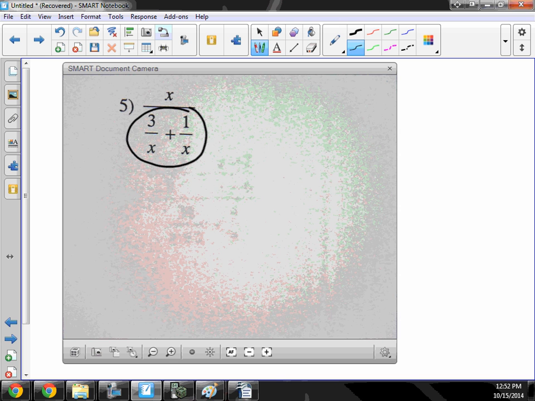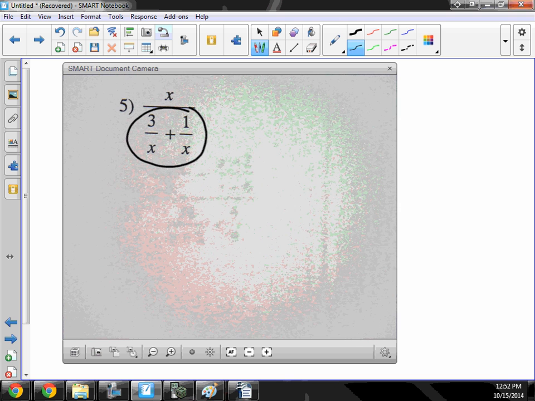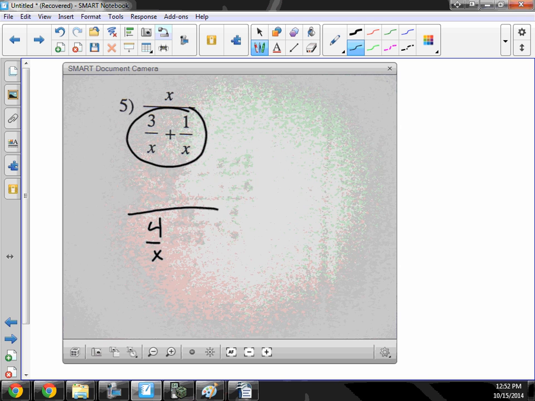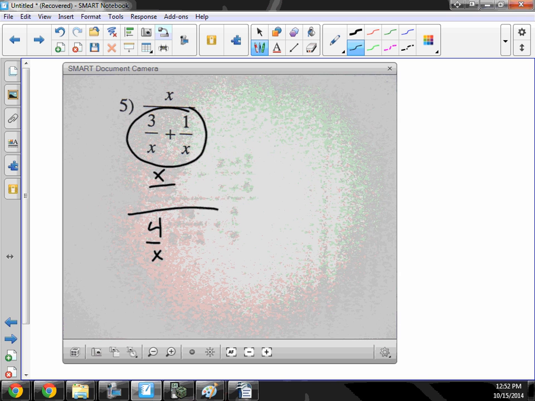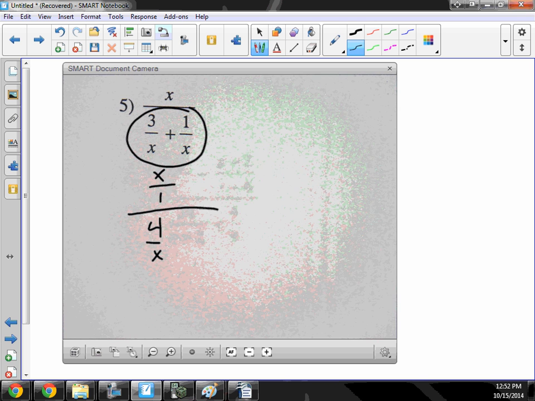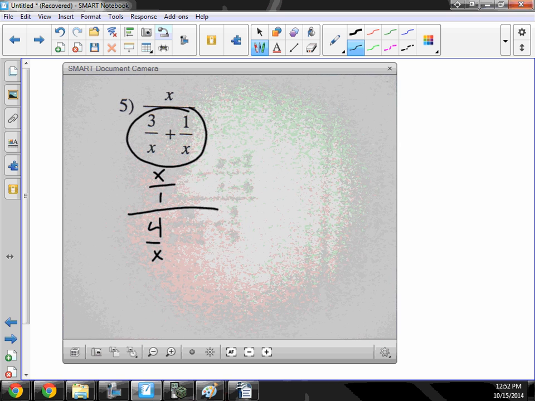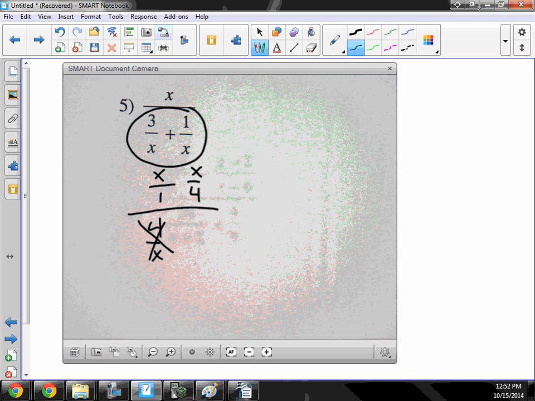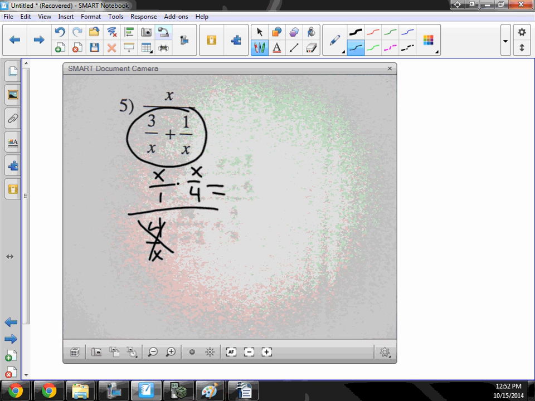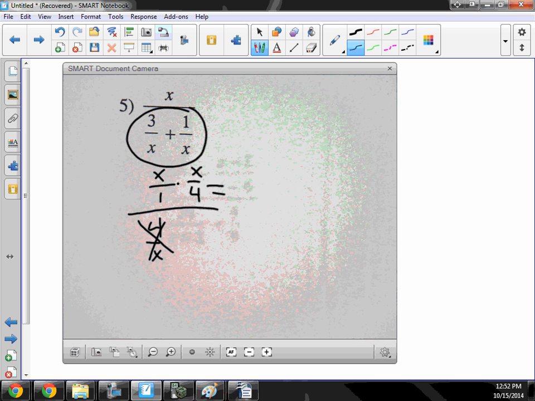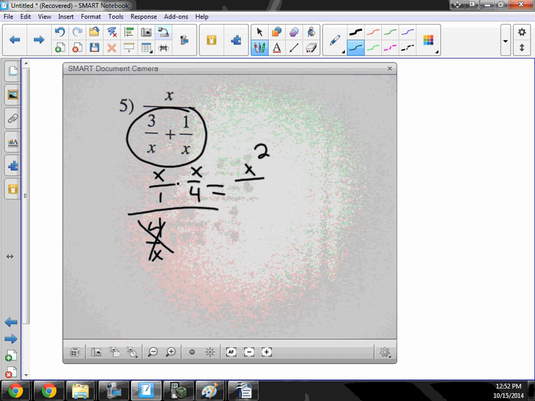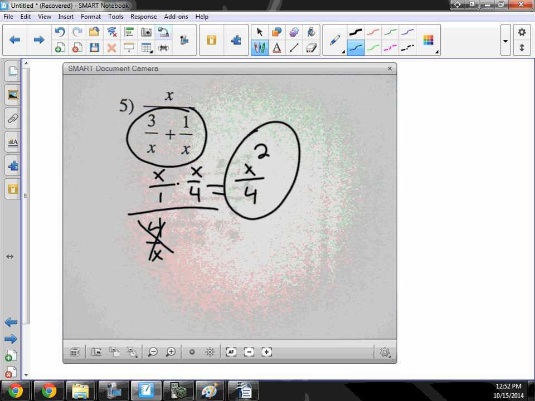So what is 3 over x plus 1 over x? So we have 4 over x. And my numerator is x over 1. So now I flip and times x over 4. What is x over 1 times x over 4? x squared over 4. And that one was actually really easy.